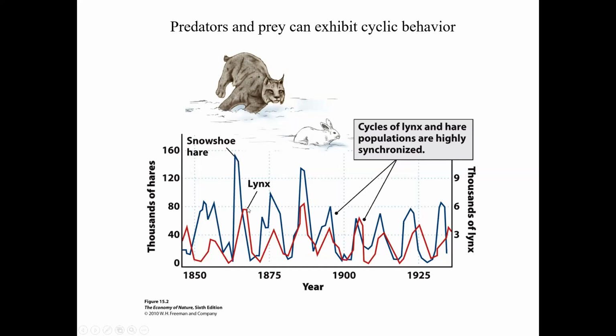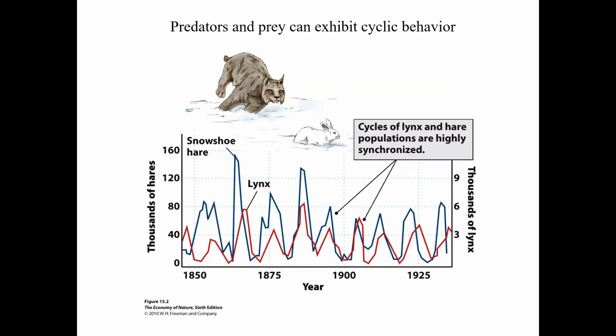They're off cycle. Every time you get a peak in the snowshoe hare, the lynx is still increasing. And the peak in the lynx, which is particularly visible right here, this one here, always lags behind the peak in the snowshoe hare. So it's not that they're just cycles.